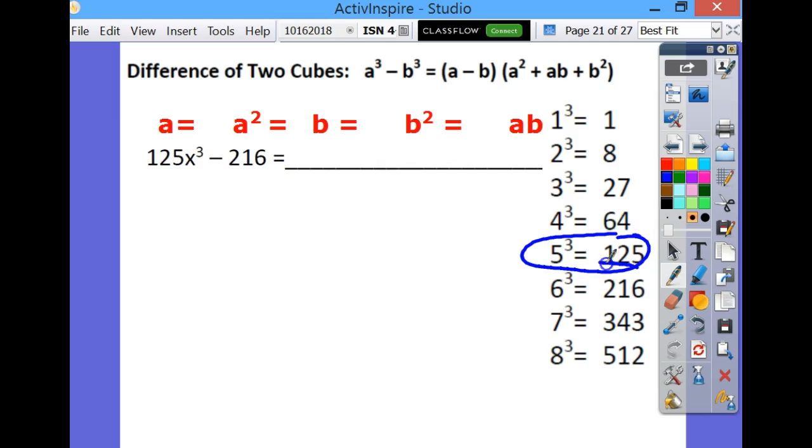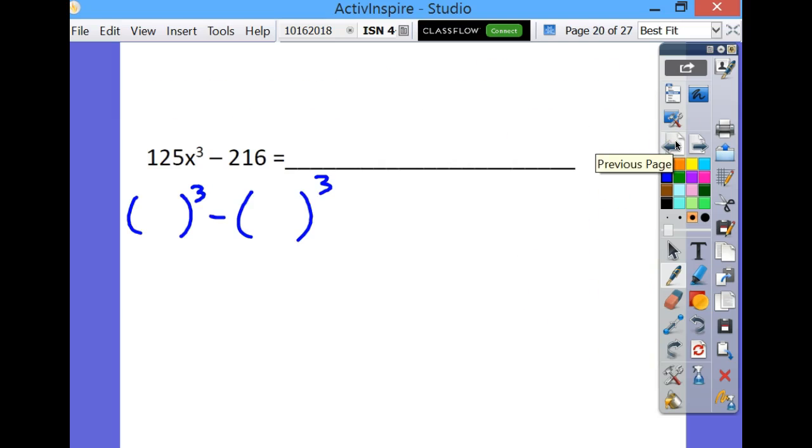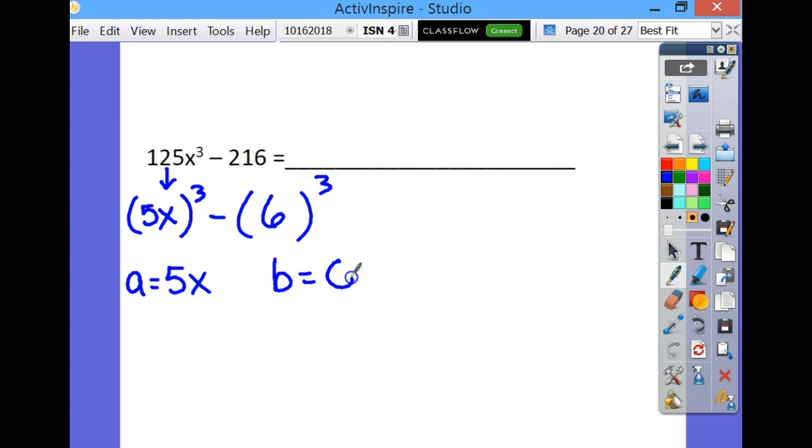And the 216? 6. Okay? So, we're going to go back over here. This is 5x. That's equal to the 125x to the third power. What was this? So, the a is 5x and the b is 6.